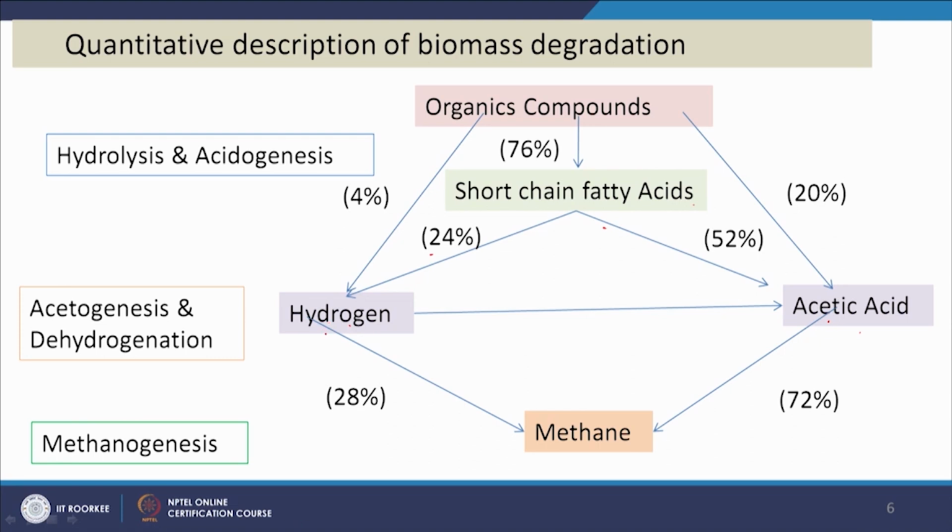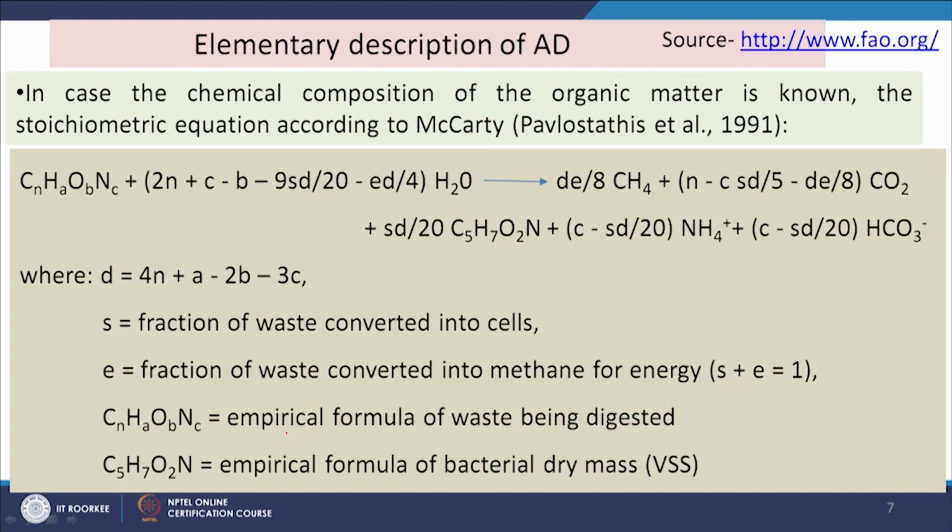Now, considering the conversion of acetic acid to methane and hydrogen to methane, around 72% of methane is produced through the acetic acid route and 28% through the hydrogen route. These are the relative contributions of different processes. These are typical values provided in the literature and may vary. So, this step is hydrolysis and acidogenesis, this is acetogenesis and dehydrogenation, and this is the methanogenesis step.